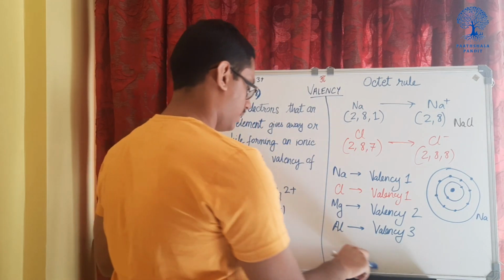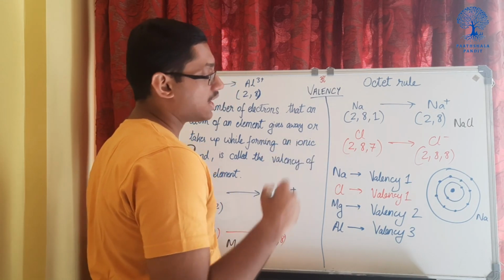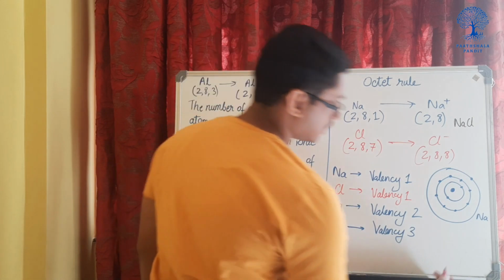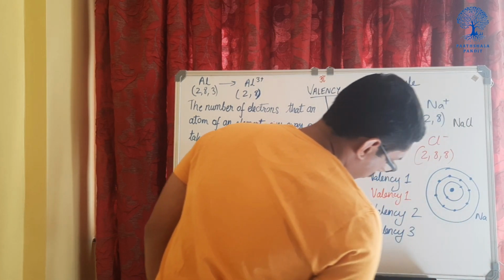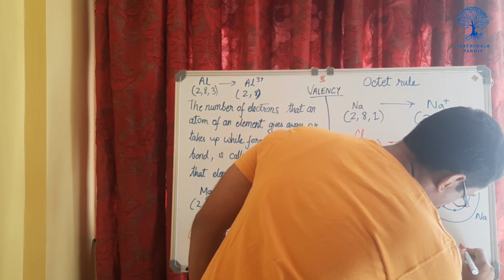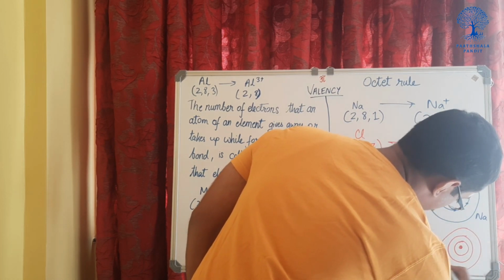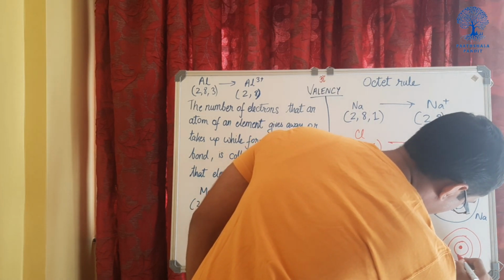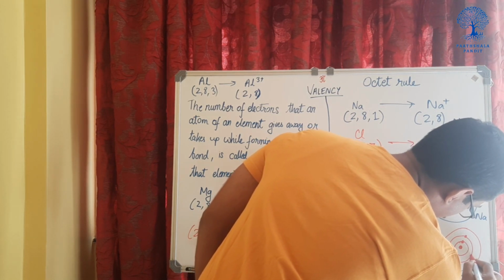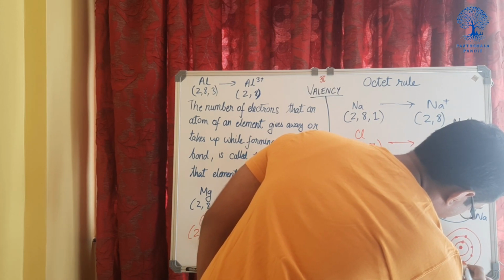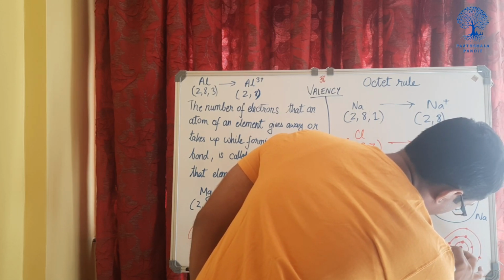Let's see the case of chlorine. First let me draw it, then you tell me the number of valence electrons in chlorine. See, it has 7 electrons in the outermost orbit.